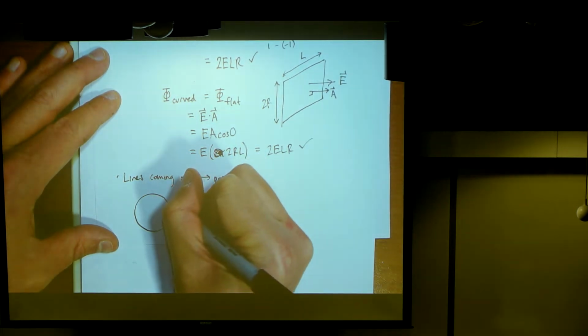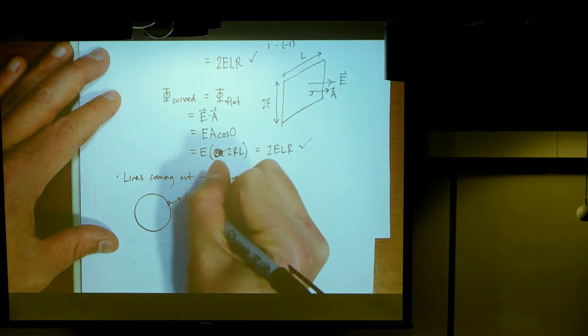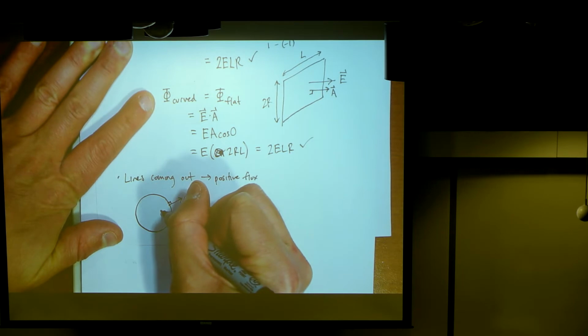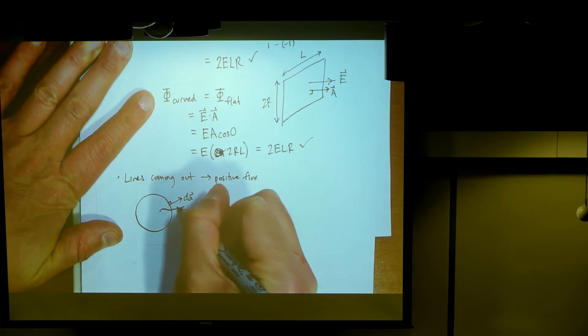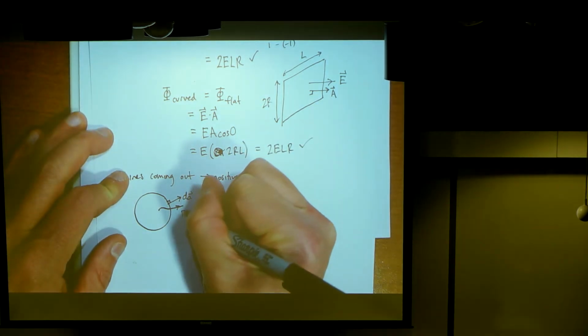And my dA vector, the area vector, is pointing out, but perpendicular to that surface by convention. Now let's just say I have an electric field line that's coming out like this. Okay, so there's my E vector.